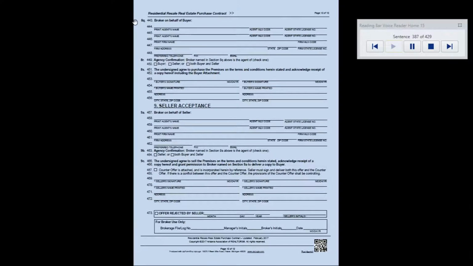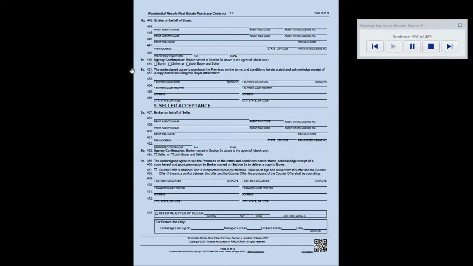8Q. Broker on behalf of buyer. Print agent's name, agent MLS code, agent state license number. Print firm name, firm MLS code. Firm address, state, zip code, firm state license number. Preferred telephone, fax, email. 8R. Agency confirmation. The broker named in Section 8Q above is the agent of, check 1. Buyer, seller, or both the buyer and seller. 8S.